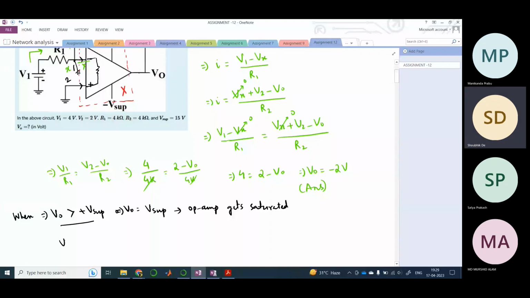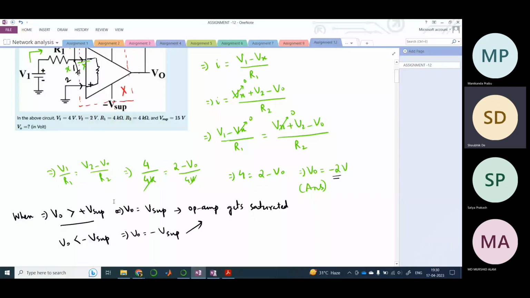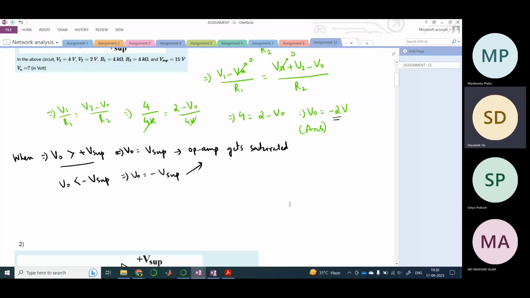And when V0 is less than minus VSUP, then V0 becomes equal to minus VSUP. Then also the op amp saturates. But here V0 is equal to minus 2 volt, and it is greater than minus 15 volt, right? So therefore the op amp is not saturated.